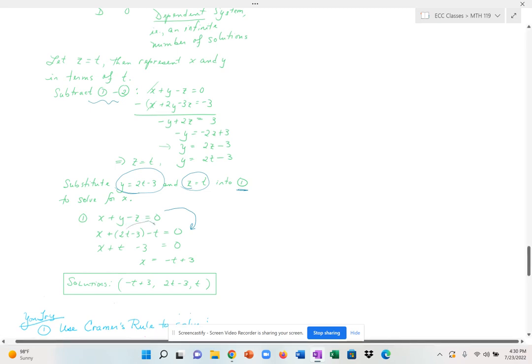These are like terms, so you get x plus t minus 3 equals 0. Then subtract t and add 3, you get that x is equal to negative t plus 3. So your solutions, because there's infinitely many of them, is negative t plus 3 for x, 2t minus 3 for y, and t for z.